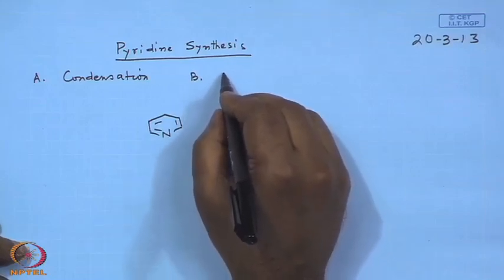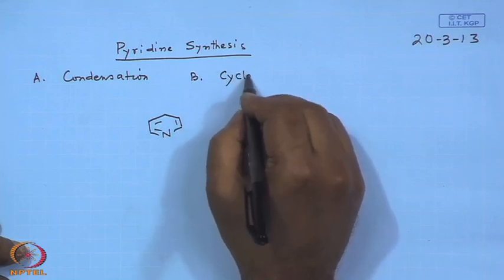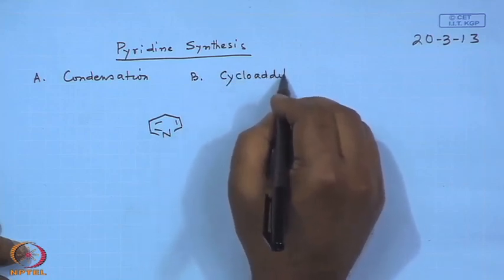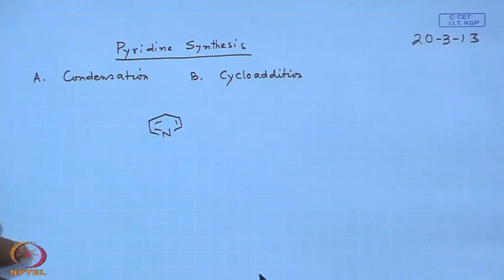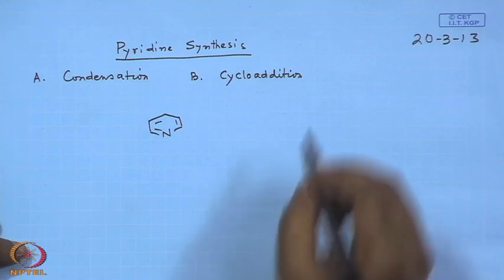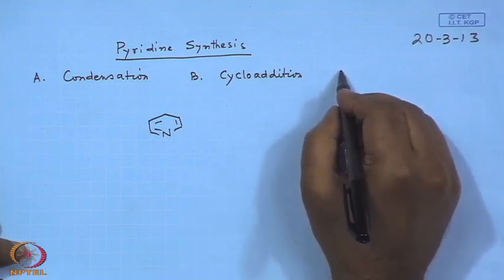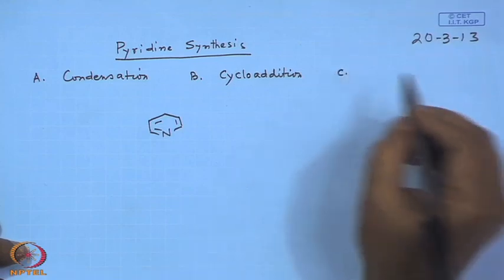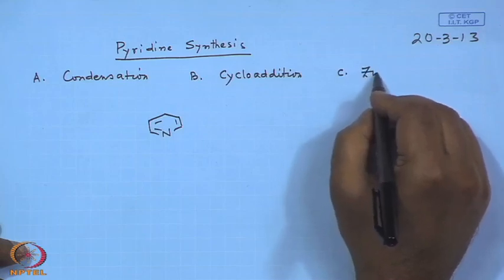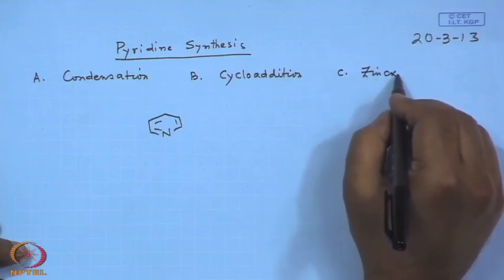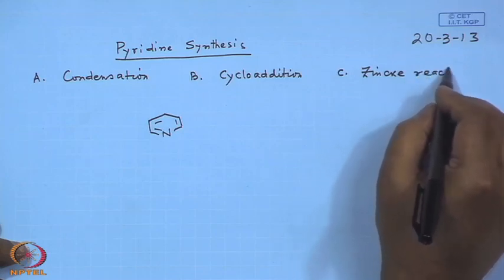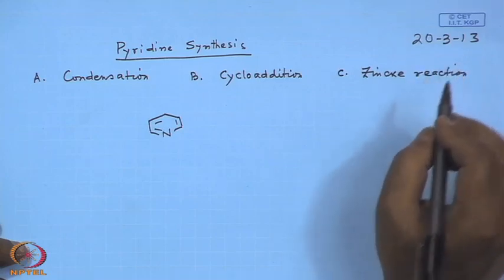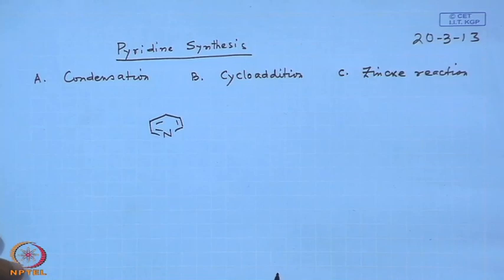Then there is another approach known as the cycloaddition approach, which includes Diels-Alder reactions and 2 plus 2 plus 2 cycloaddition reactions. There is also a small case, probably not of much use, a reaction called the Zincke reaction, which actually produces pyridinium compounds.